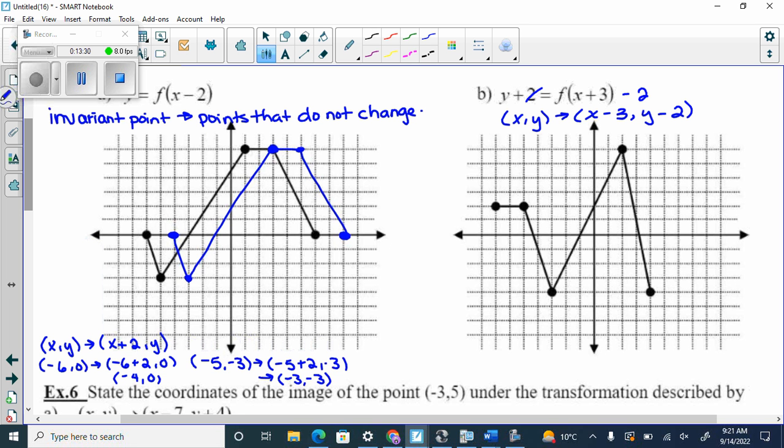If this was on a test, I'm hoping you're just going 3 left and 2 down. So 1, 2, 3 left, 2 down, connect. 3 left, 1, 2, 3, 2 down, connect. 3 left, 1, 2, 3, 2 down, here.